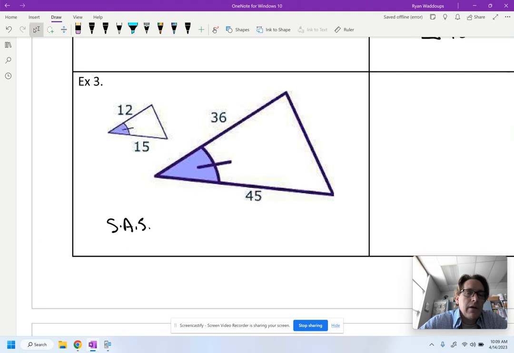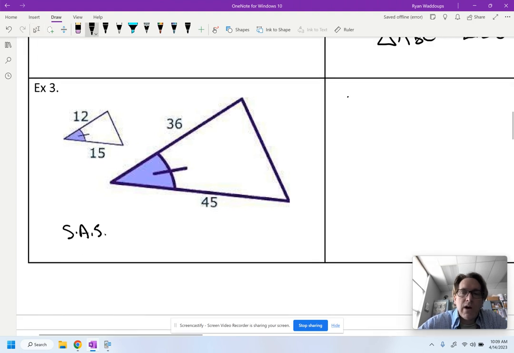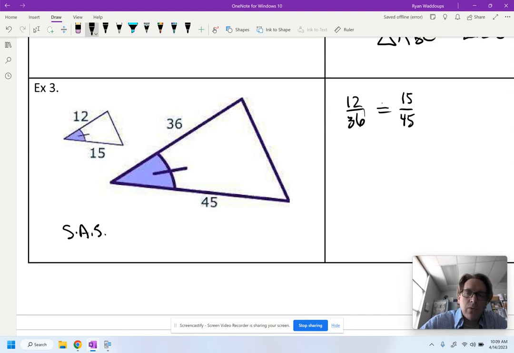Then we just need to see if I can say 12 is to 36 as 15 is to 45, and I don't know that they're equal, so I'm going to put a little question mark there, to see if they're equal.